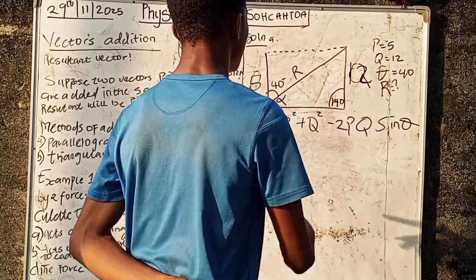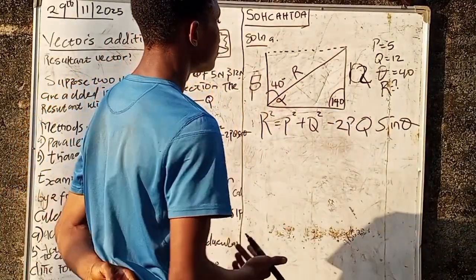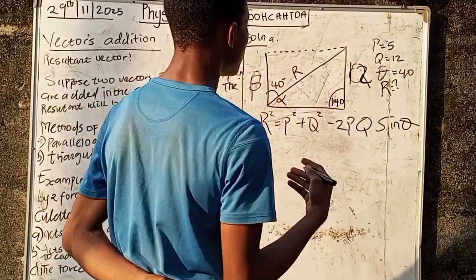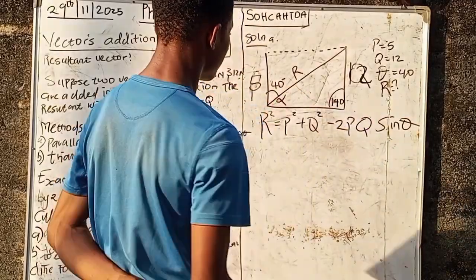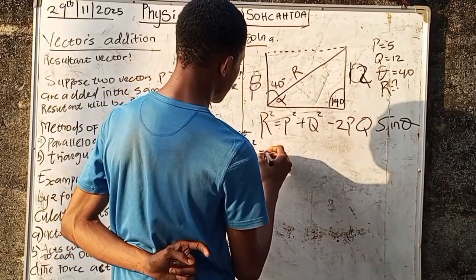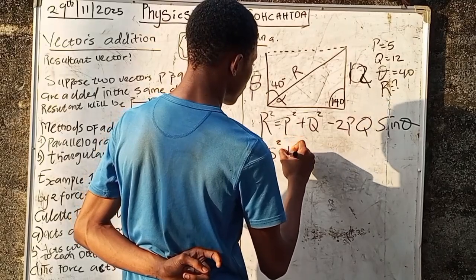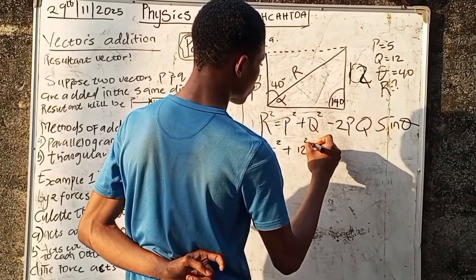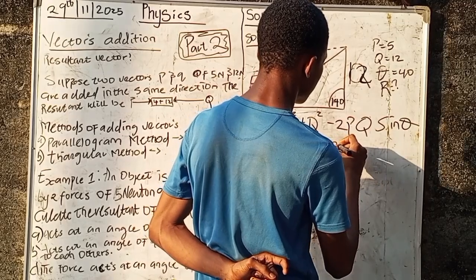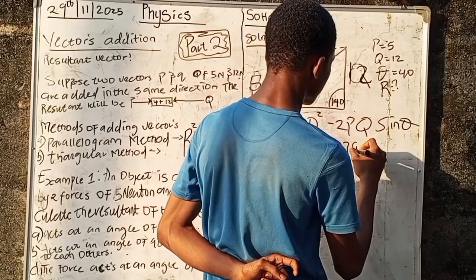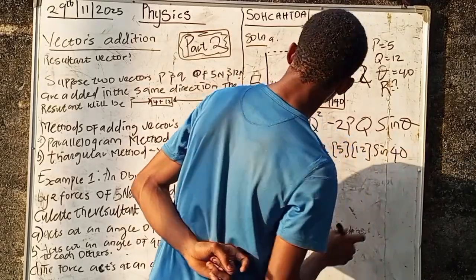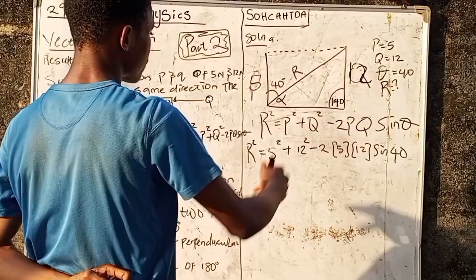Our P is 5, our Q is 12, R is not given, the distance. This arrow is alpha, but let us call it direction, it is also not given. So we have R square equals P square, which is 5 square, plus 12 square, minus 2 open bracket 5 close bracket open bracket 12 close bracket sine 40. We are to work with this and not this one.